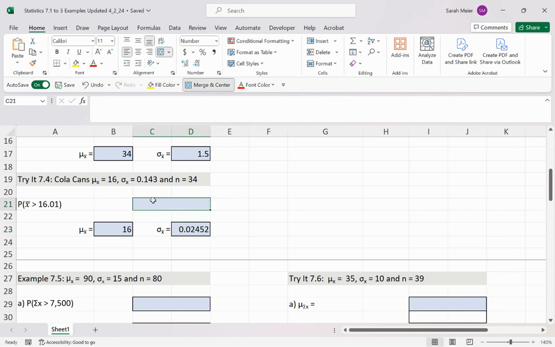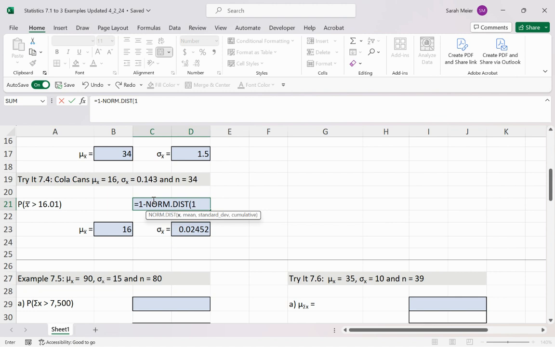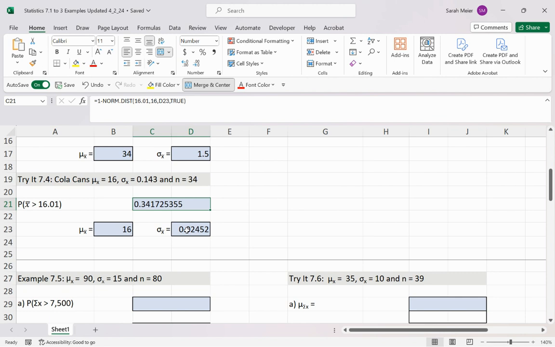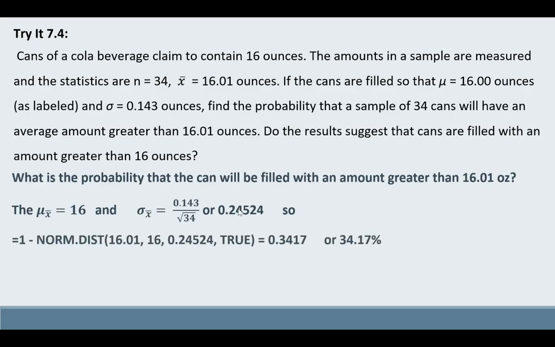And the probability that the cans are filled with more than 16.01 ounces, I'm going to use the cell reference for the standard deviation here, is 0.3417. Or there's a 34.17% chance then the cans are filled with more than 16.01 ounces.